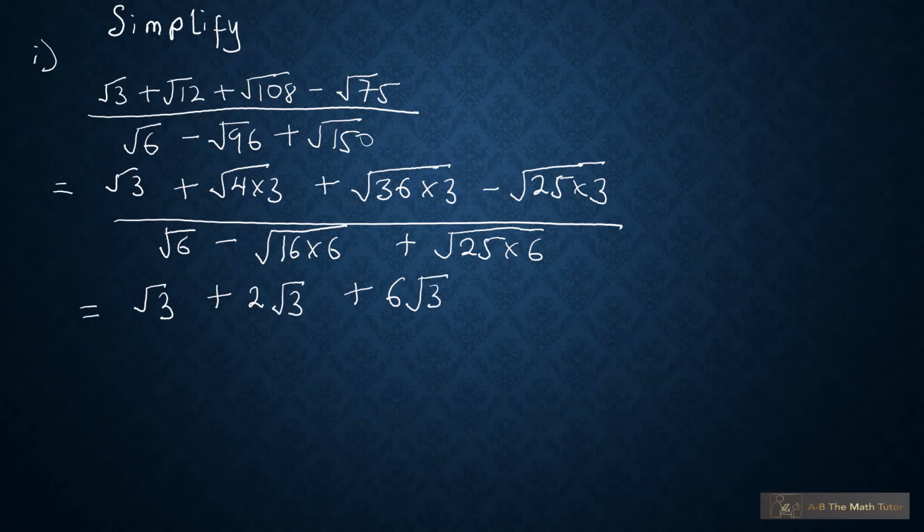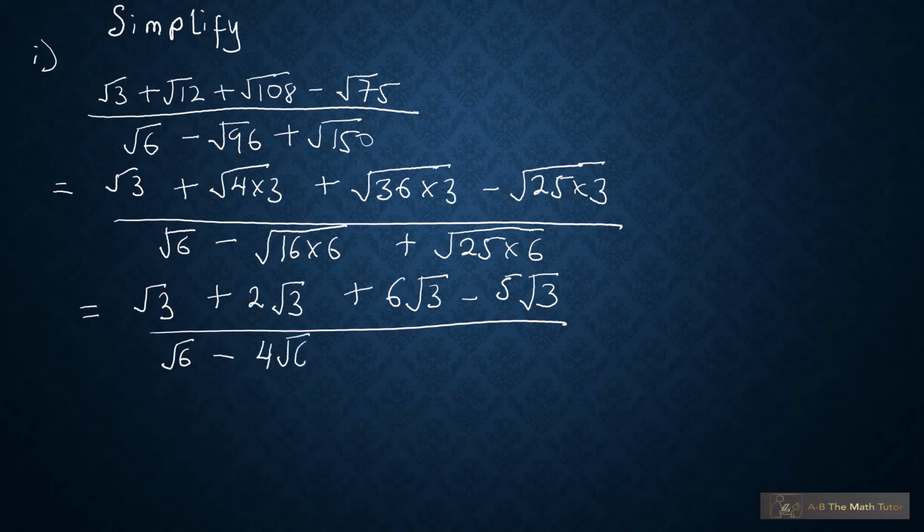Minus, we have root 25, and the square root of 25 is 5, and the square root of 3 is root 3. Now let's look at the denominator. We have root 6 minus the square root of 16, which is 4, and you have root 6 plus the square root of 25, which is 5 root 6.